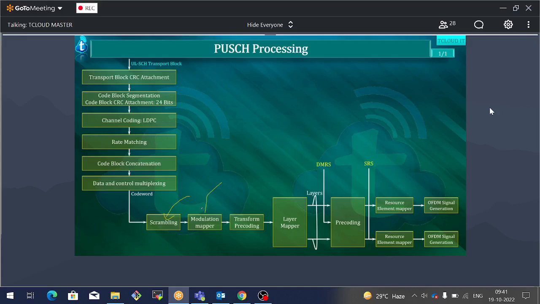Then we have the modulation mapping as usual, which would identify the modulation symbols, and then followed by the transform precoding. But we already know this transform precoding is an optional thing. We learned that.